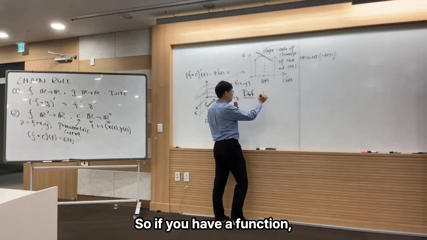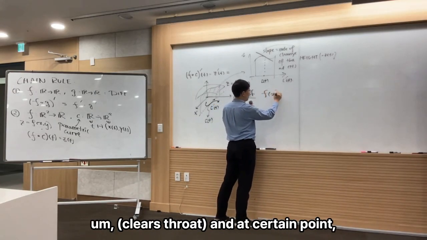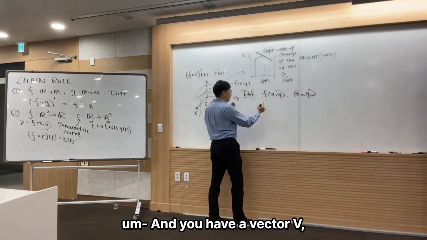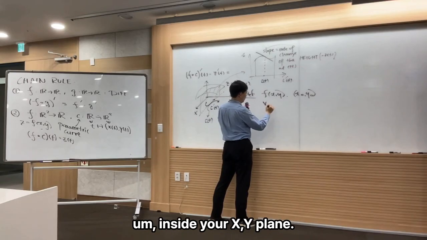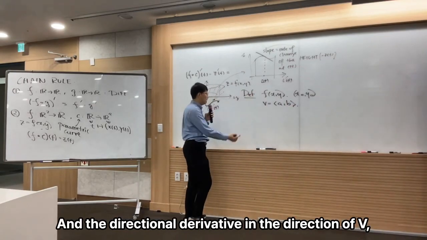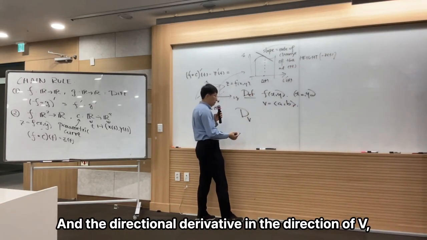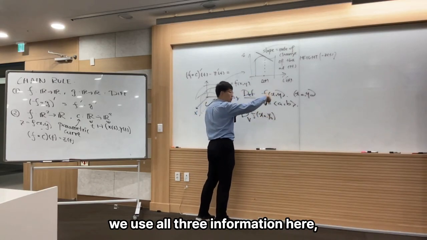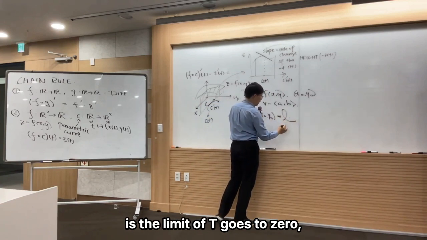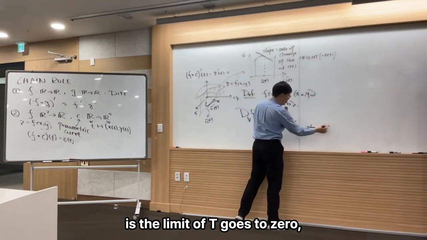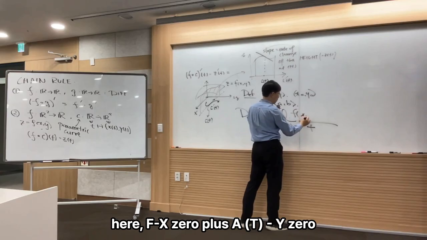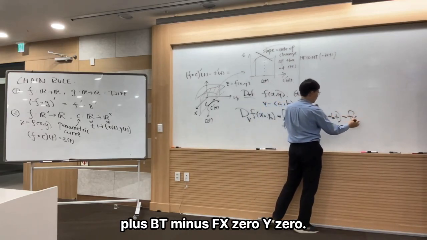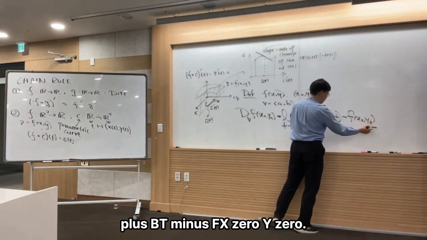If you have a function, and at a certain point, and you have a vector v inside your xy plane, the directional derivative in the direction of v of the function at (x0, y0), so we use all three pieces of information here, is the limit as t goes to 0 of f(x0 + at, y0 + bt) minus f(x0, y0), divided by t.